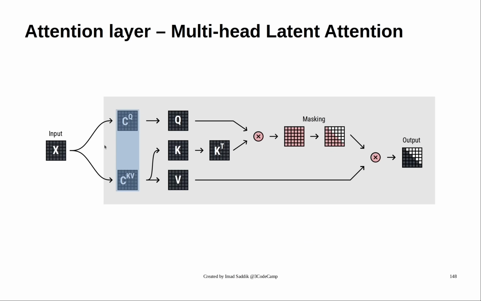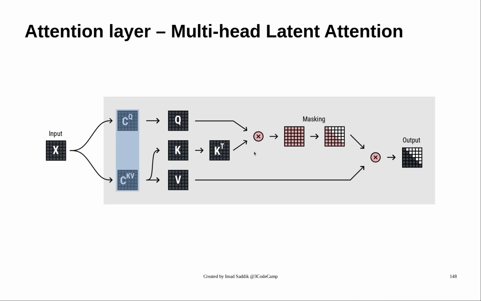I want you to focus on these two matrices. Here, as I told you, instead of projecting X into the three matrices, key, query, and value, we are going to have an intermediary step. This is called compressed query, and this one is compressed key and values. From these latent representations, we are going to get the query, key, and value.